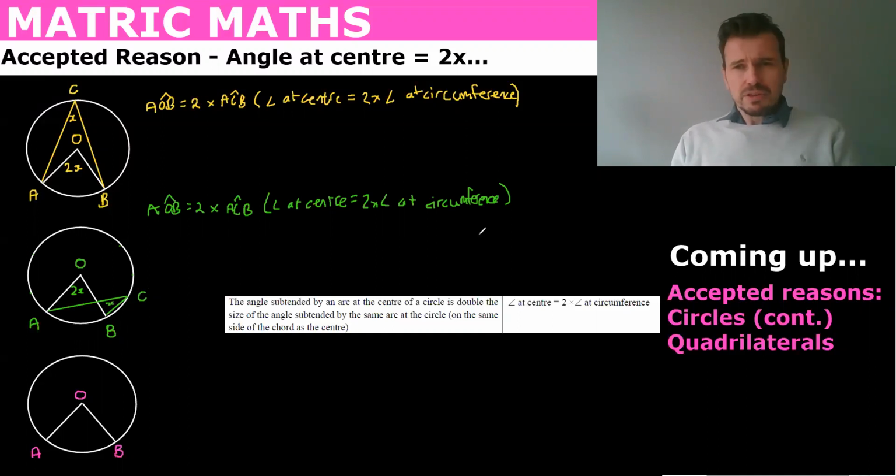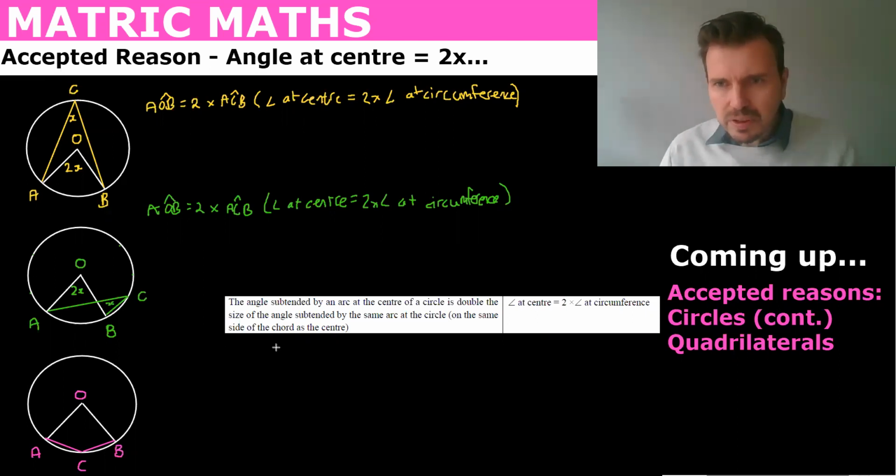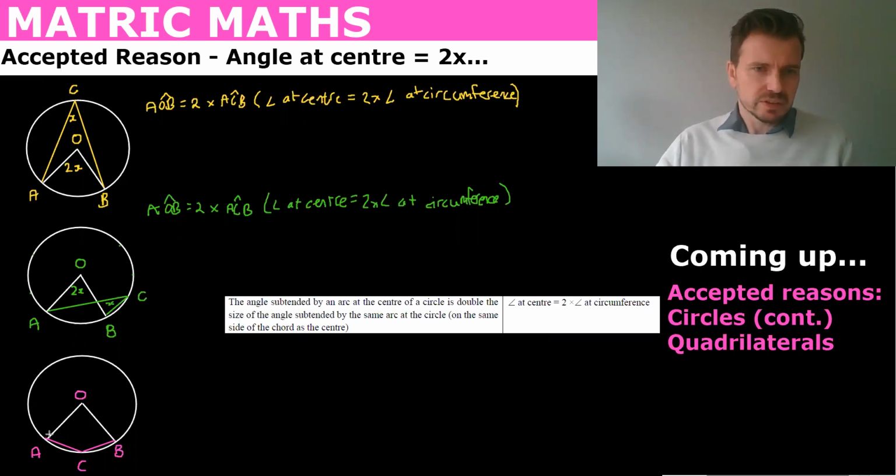Okay, now the third one is a little bit more tricky. So let's say that we moved the C all the way around to here. Okay, so what I want to do is just examine this a little bit. I'm going to put this in a light greeny color, just to look quickly at what's happening.